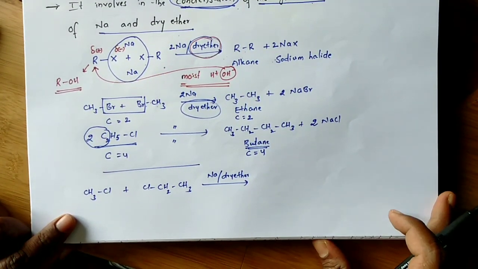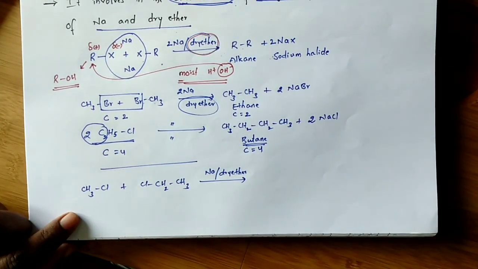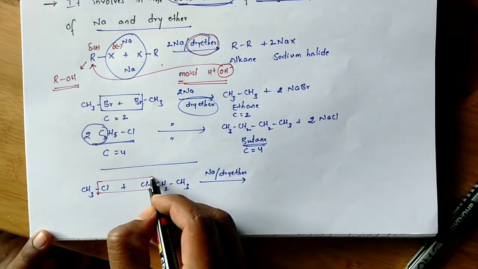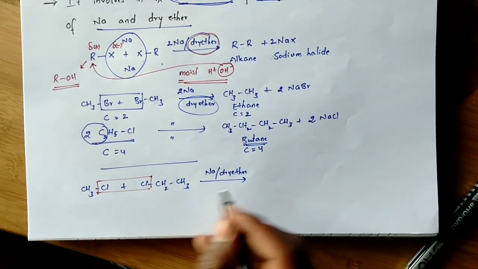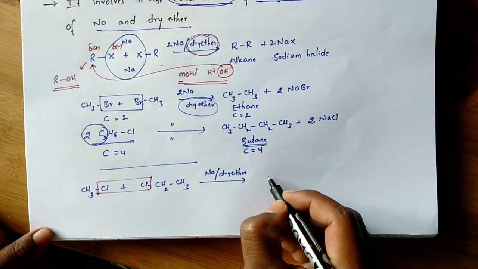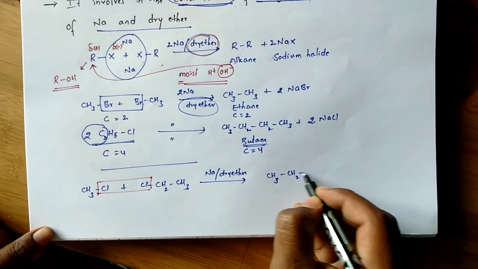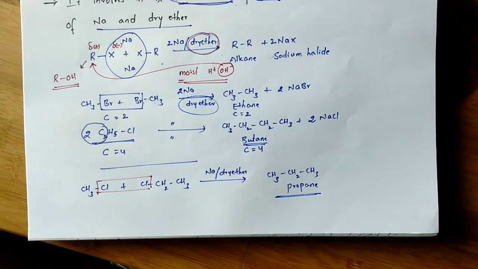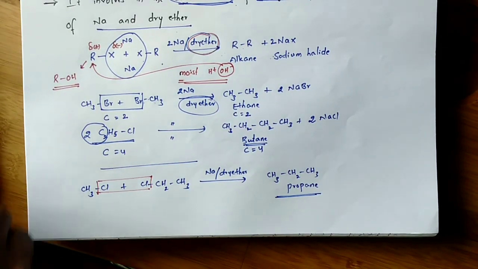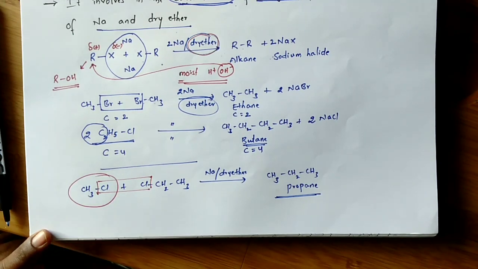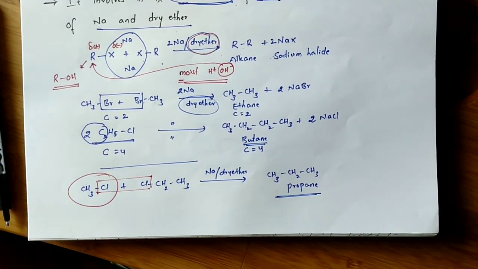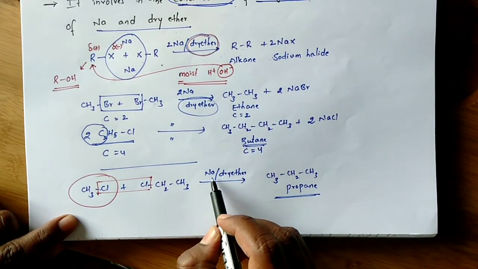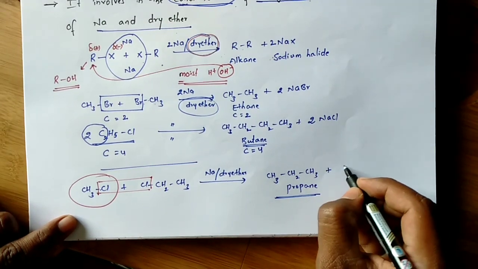Here there are three types of products. If 1 unit of methyl chloride and 1 unit of ethyl chloride condense, we'll get the product propane. This is one of the products. Suppose two methyl chlorides are involved in the condensation in the presence of sodium and dry ether, then we will get ethane.